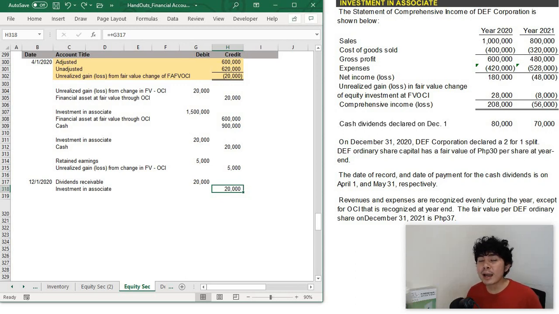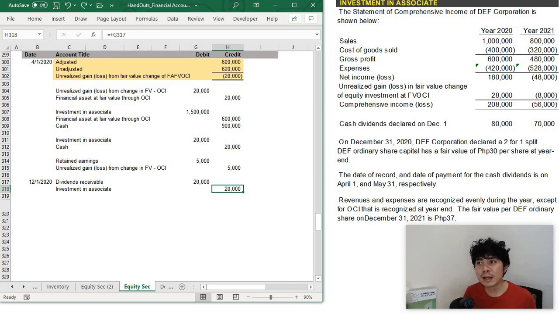At kung bababa ang equity ni associate, dapat bababa din ang investment in associate na account. Kasi yung investment in associate na account is parang siya yung replica nung equity ni associate. Yun nga lang, syempre, sa point of view natin, at based yon sa ating ownership, which is only at 25%.